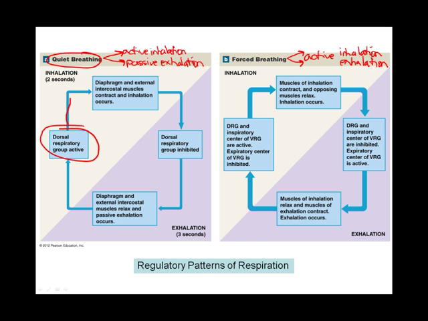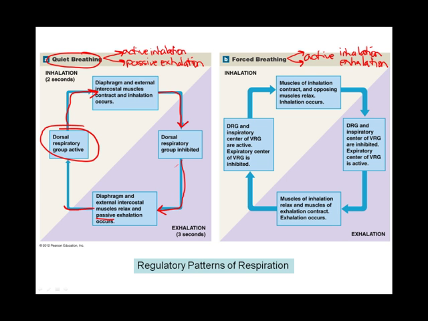What muscles does that affect? It affects the diaphragm and external intercostals. After that, inhalation has ended. We're now in exhalation. The DRG is inhibited. What happens to muscles that are involved in inhalation? They relax, and passive exhalation occurs.